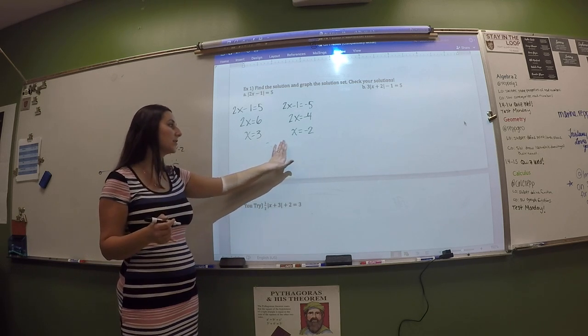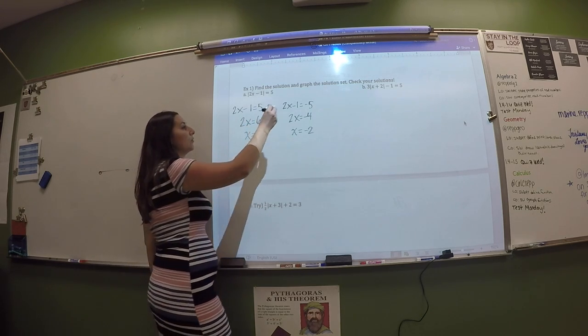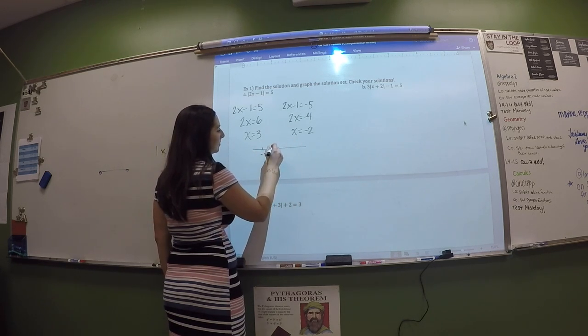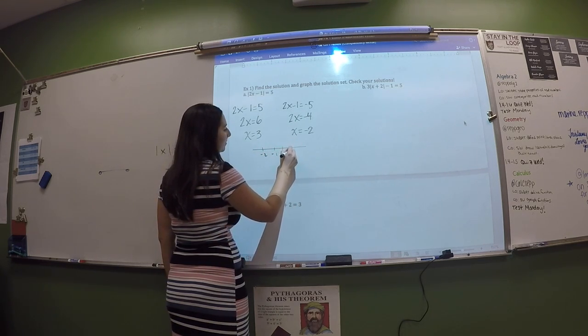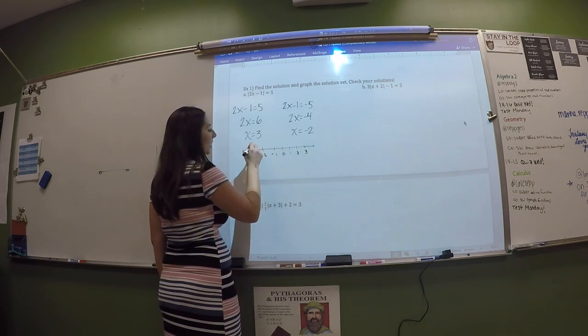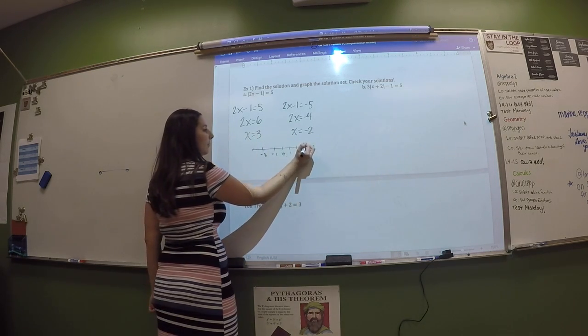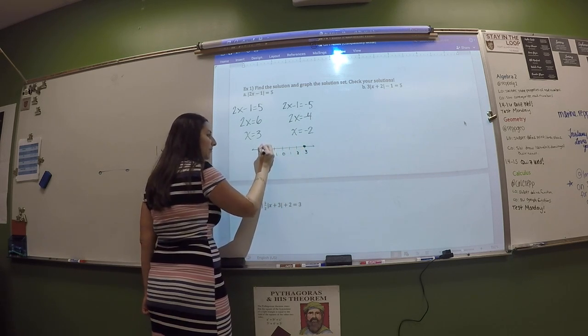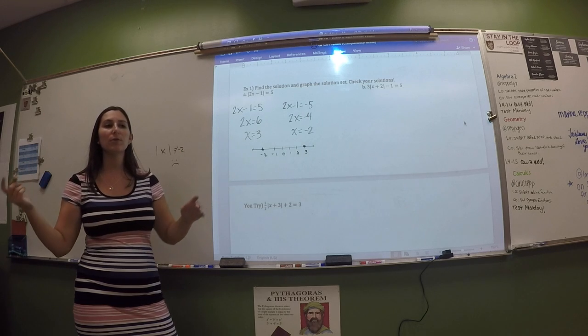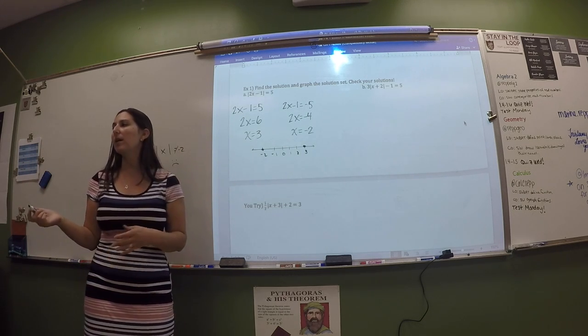So 2 answers, and when you go to graph the solution set, this is our number line. You're graphing the number 3 and the number -2. You don't need arrows or shading or anything like that, because it's not an inequality.